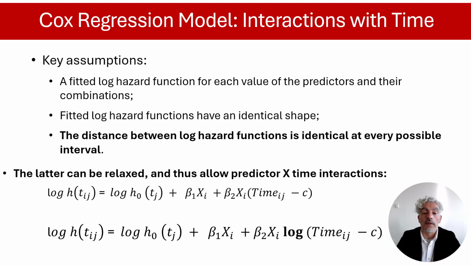But there are other ways in which interactions between predictors and time can be expressed. For example, it may be possible to divide time piecewise into epochs that can have different durations and create dummies for the epochs and estimate coefficients for each one of these.